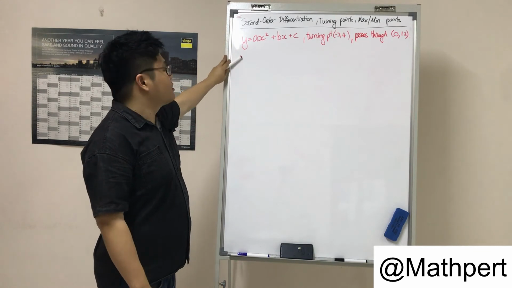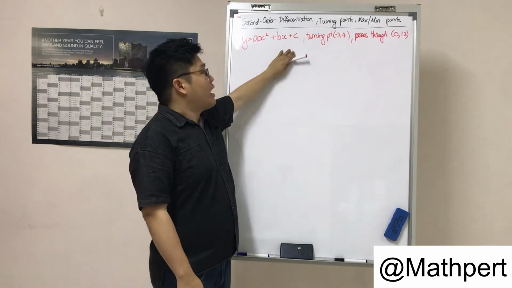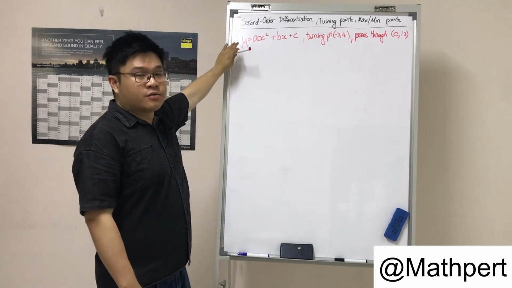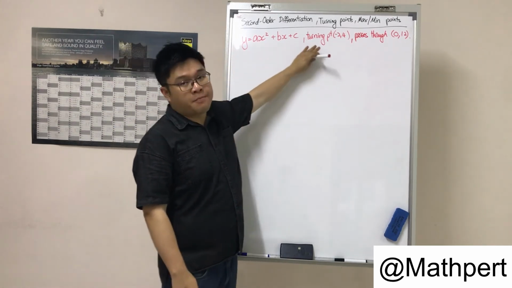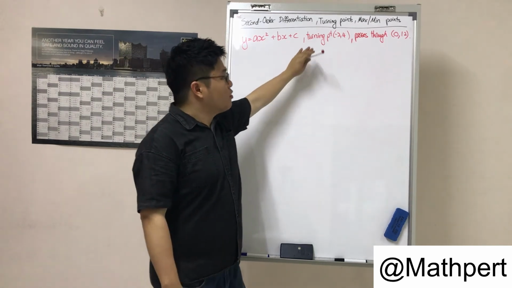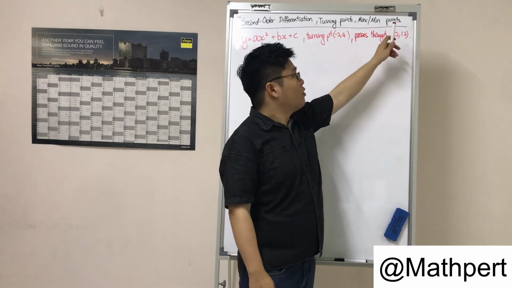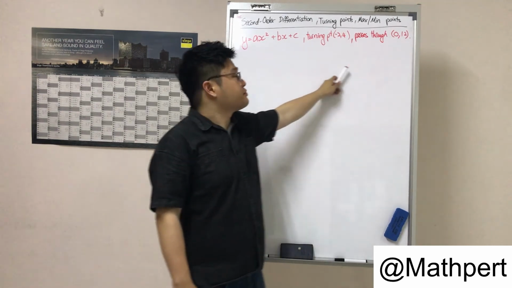Given by the equation y equals ax squared plus bx plus c. And this graph has a turning point at minus 2, 4. And also this graph passes through 0 and 12. Right?